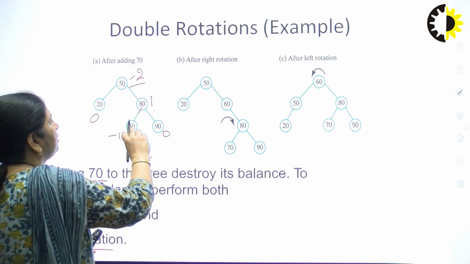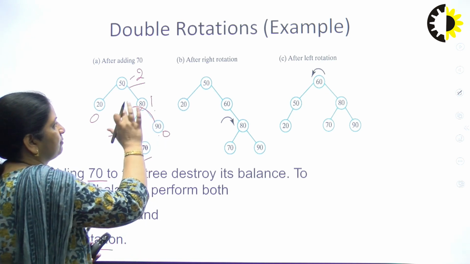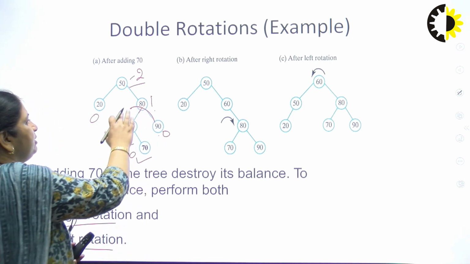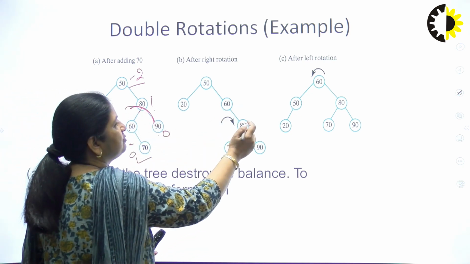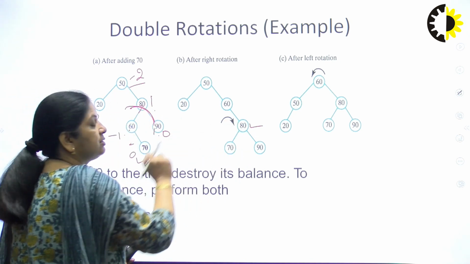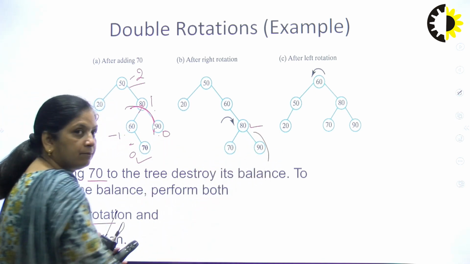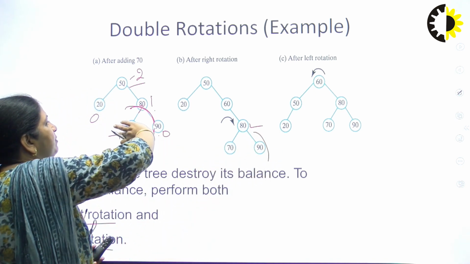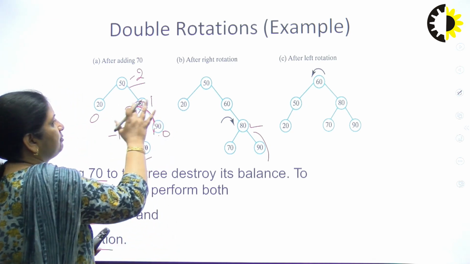So for doing the right rotation, we will rotate it right. When I am rotating it right, 80 comes here. 80 is rotated to this place, and 80's right child is 90, so 90 is placed here. Because we rotated it right, 60 will come to this location.